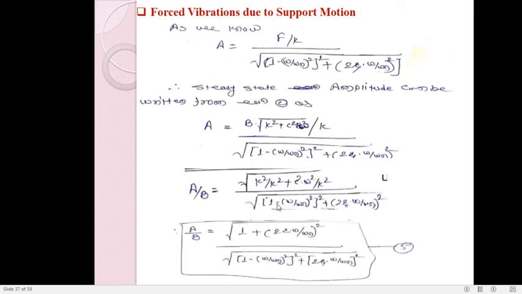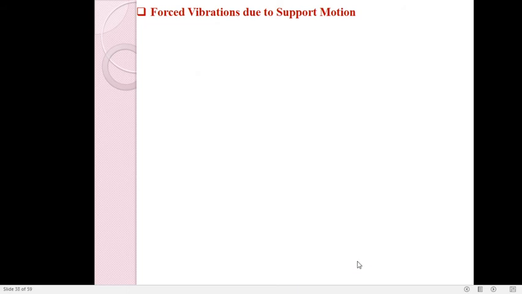Rearranging, A by B is equal to square root of 1 plus [2 xi omega upon omega n] square, as we have c omega upon k is equal to 2 xi omega upon omega n, upon square root of [1 minus (omega upon omega n) square] square plus [2 xi omega upon omega n] square. Let us call this equation number 5.